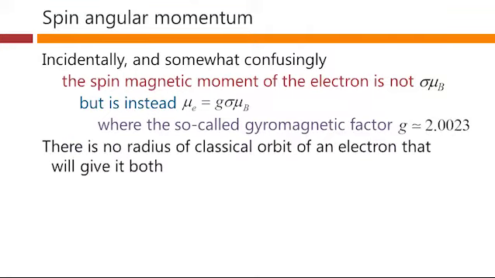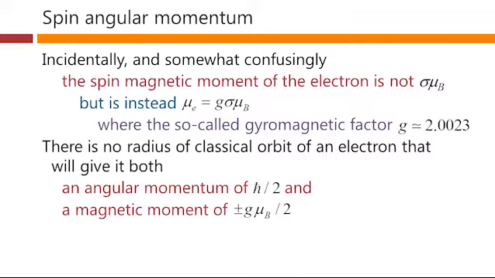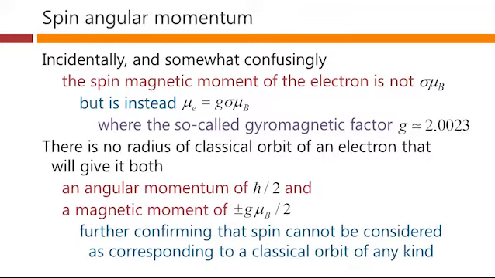There is now no radius of classical orbit of an electron that will give it both an angular momentum of h bar over 2 and a magnetic moment of plus or minus g times the Bohr magneton over 2. So that further confirms for us that spin really cannot be considered as corresponding to a classical orbit of any kind.